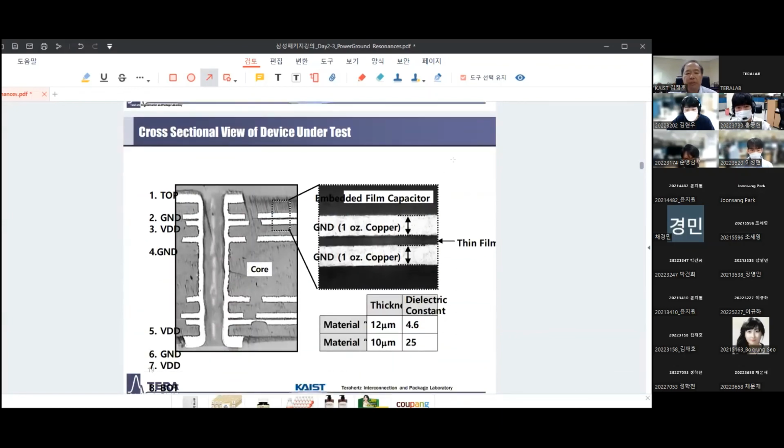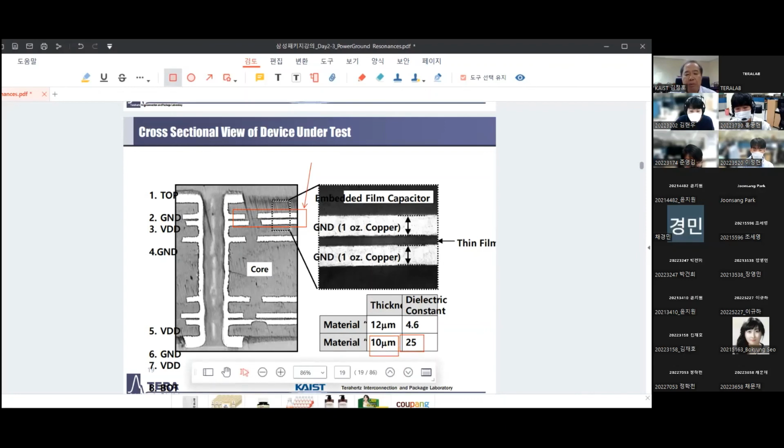I would like to give you another example. We designed a package substrate which has embedded capacitors. Please remember that this capacitor is between the power and ground metal, and we used a little bit higher dielectric constant material, and a very thin dielectric material. That is to maximize the capacitance.